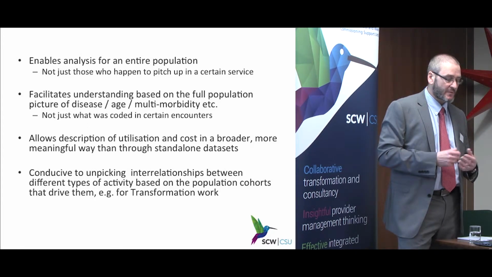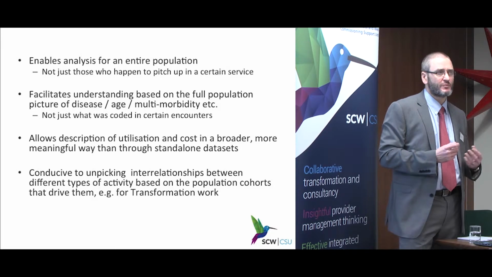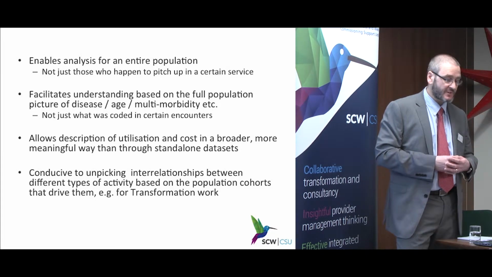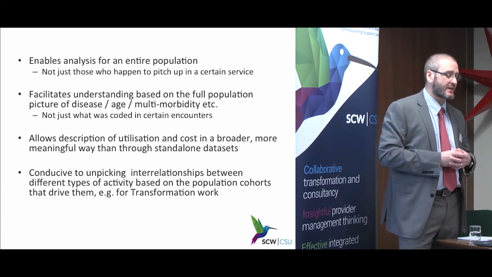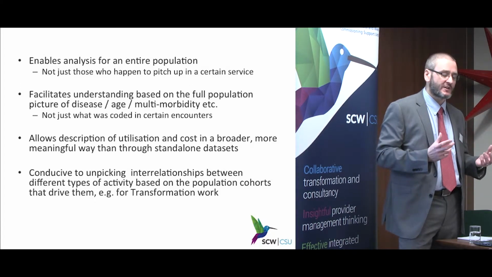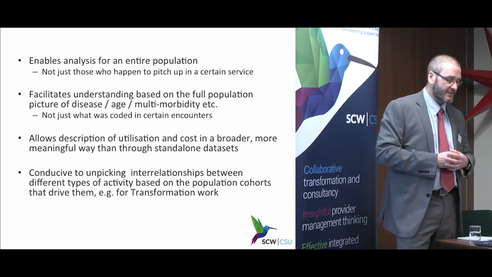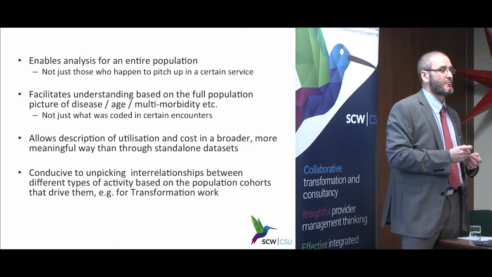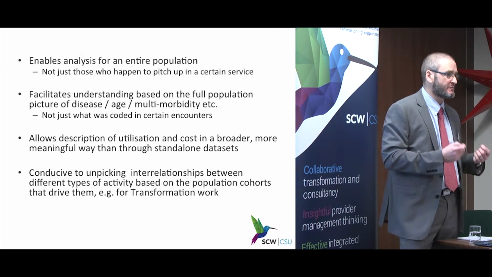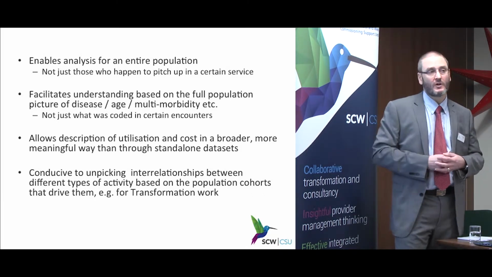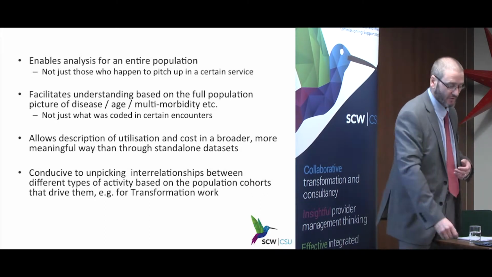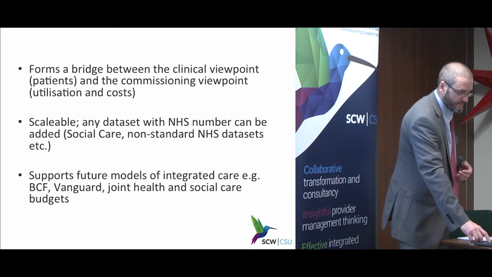It allows us to describe utilisation and cost in much broader, more meaningful terms in terms of the system as a whole. And it's also conducive to unpicking the sometimes highly complex interrelationships between the different types of activity based on the population cohorts or levels of multimorbidity or specific conditions that drive them. And that's really key for work like transformation work, as I'm sure you'll all be aware.